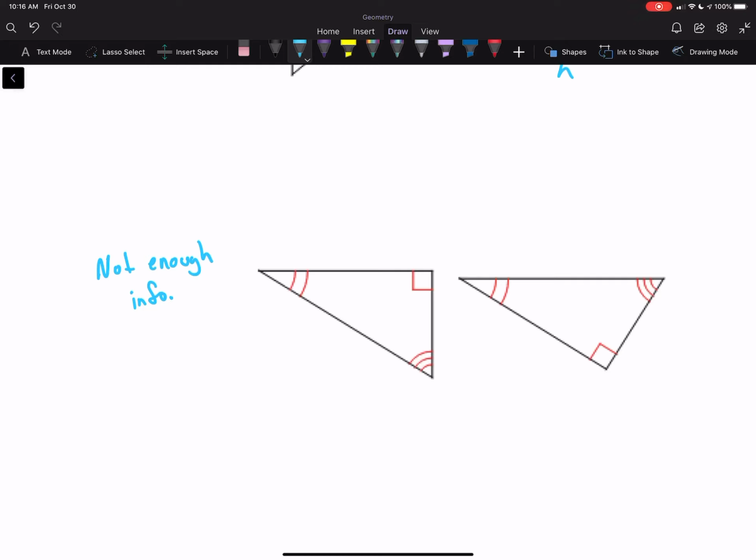Because in theory, if you took one of these and blew it up, made the sides bigger, it could still have the same angles. If we did that proportionally, they would be similar, but not congruent. So that is how we're going to find congruent triangles using the right triangle specifics, because they already share one angle, that right angle, as a congruent angle. All right, so good luck to you.